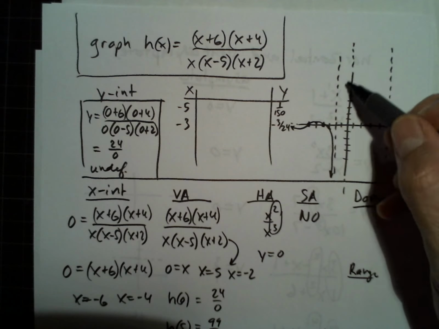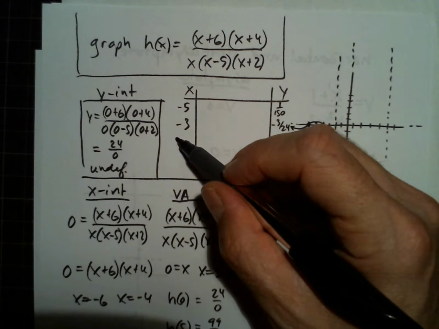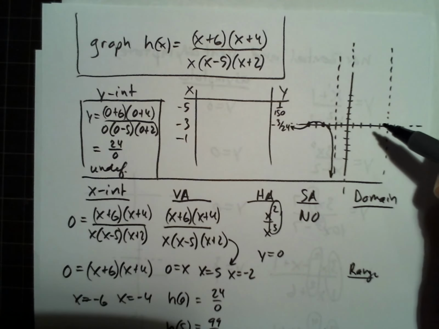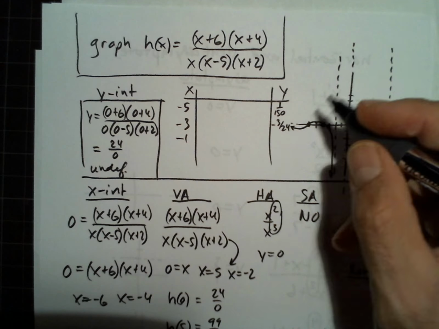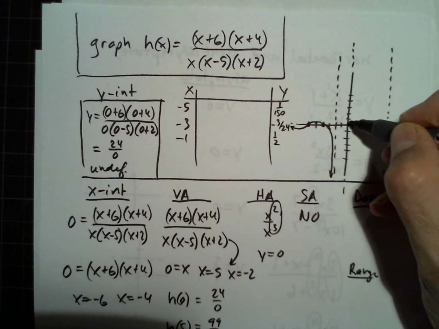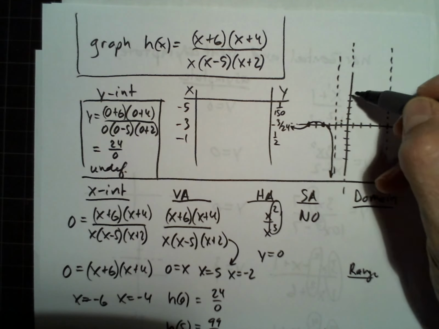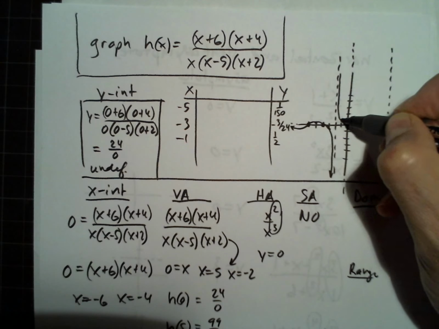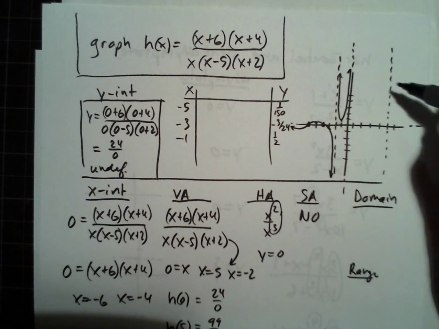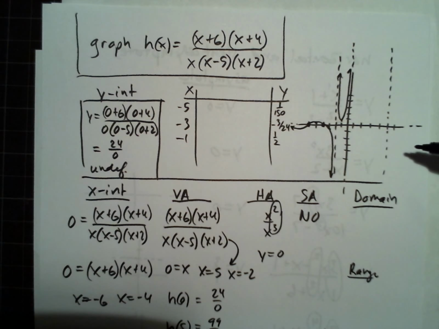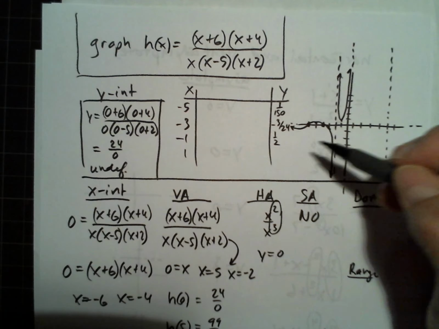Okay, what's happening up here? Let's check -1. At -1, we get 1/2. And the graph is going to do that. Let's check 1.